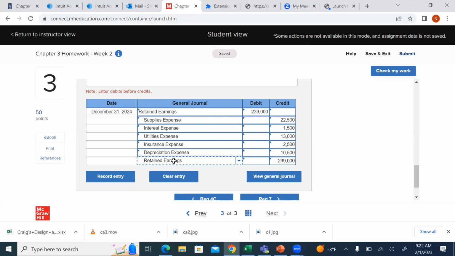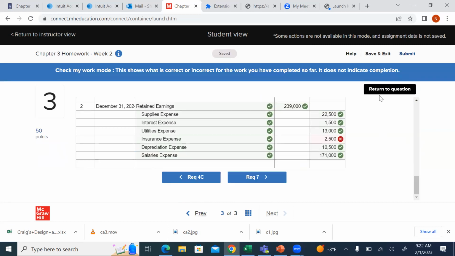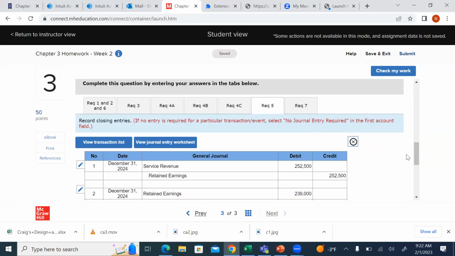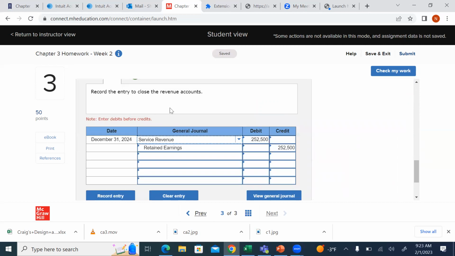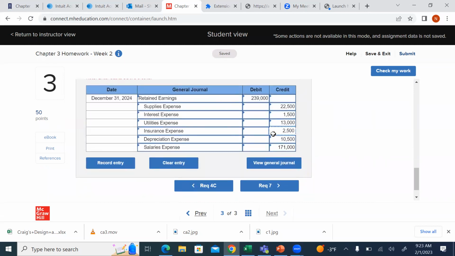And salaries expense was what? 171? Do I balance? Insurance expense is what? Of course. Thank you. Okay. So now we balance here.